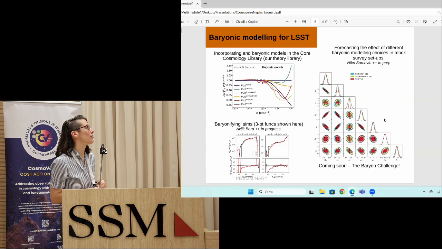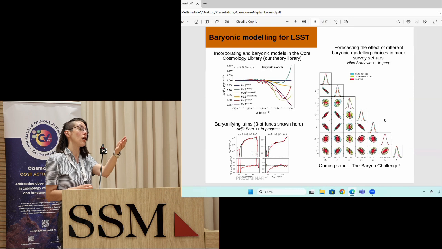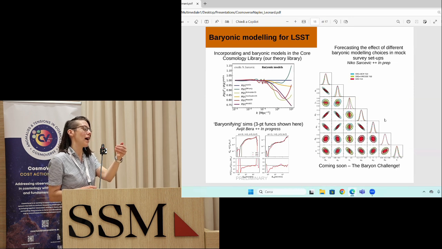Second question, if you marginalize over all of this stuff, how does it look? I mean, this is work in progress, right? There's a whole team at the moment in DESC called the Forecasting Topical Team. We had this document called the Science Requirements Document in 2018, which was like, what if we do what our best models for this are now? And that was the benchmark at the moment.